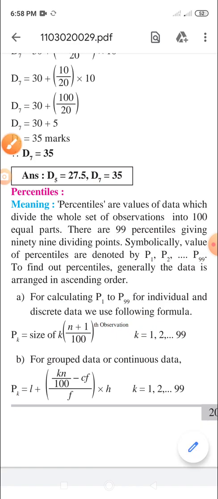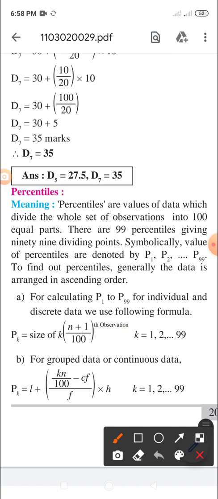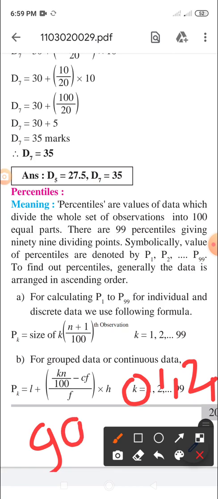Now the second formula, for when data is given as a continuous series or grouped data. In place of K here again we write first, second up to 99.